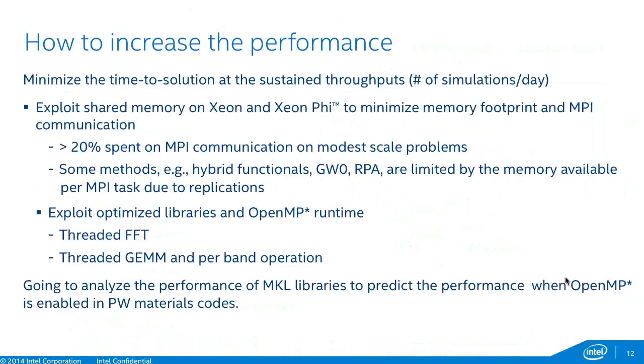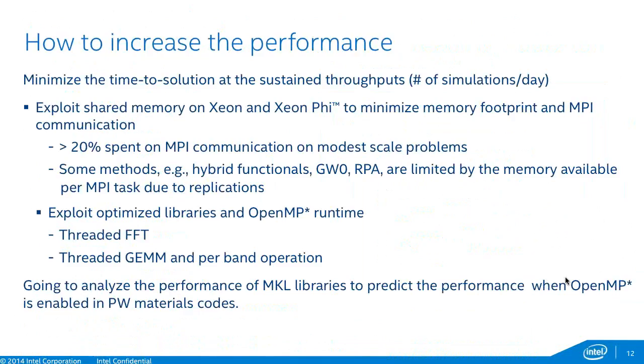So how do we increase the performance? Let's define performance as well. We definitely want to minimize the time to solution through optimization, by adding more threads and more parallelization. But what is also important is the sustained throughput.